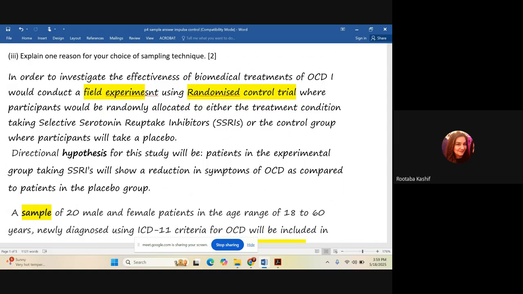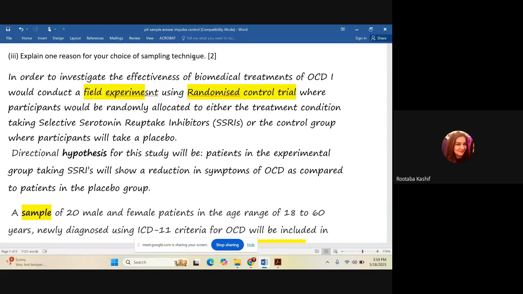maybe opportunity sampling technique was used, so things like that. Give a reason why your choice of sampling technique, the one that you have used, is better than the other. Because opportunity sampling would mean people who are already present or are being diagnosed on the spot when you are there in the clinic, and you ask them, do you want to participate in the study?